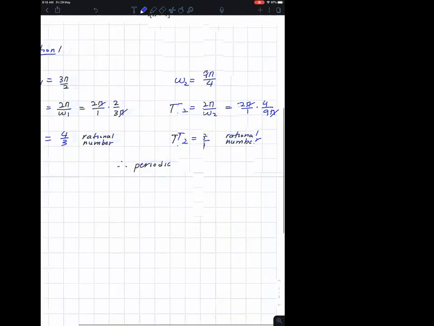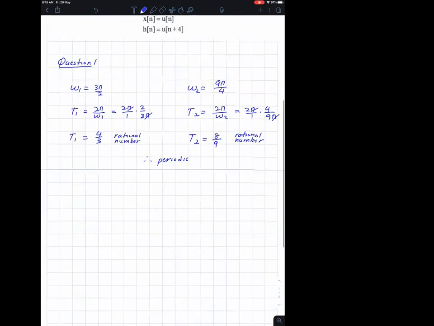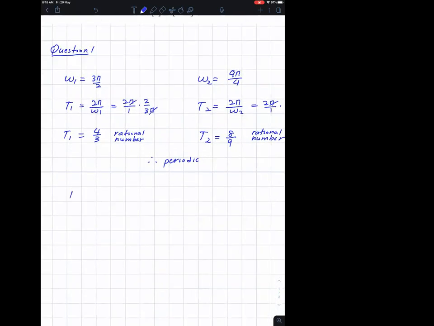Now next you have to find the period. To find the period, you have to do T1 over T2, which is 4/3 multiplied by 9/8. So you cancel this 3, cancel this 2, 3/2.